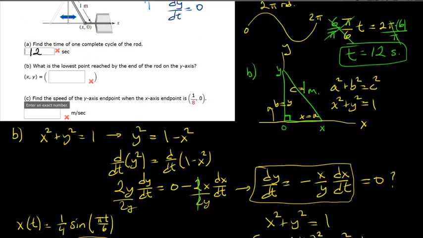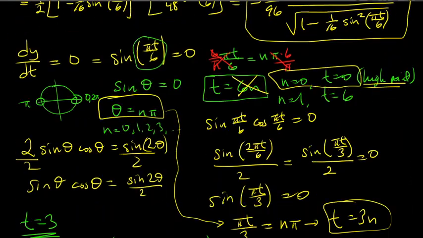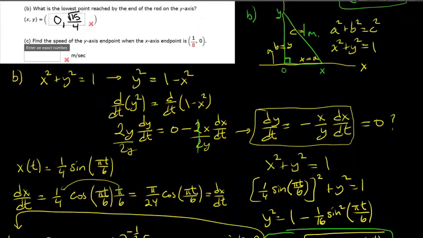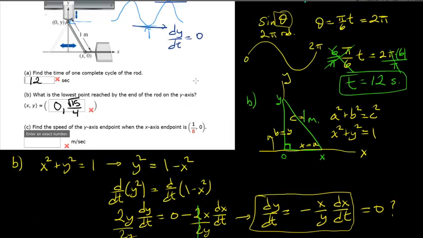Okay, so the lowest point should be in parentheses, x is 0 and y is the square root of 15 over 4. Try that. Hope it's right.